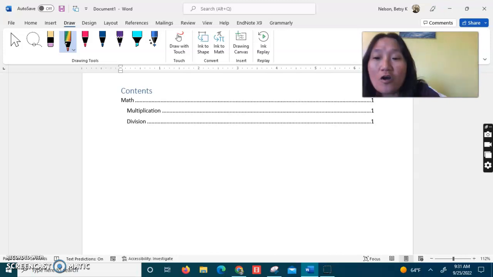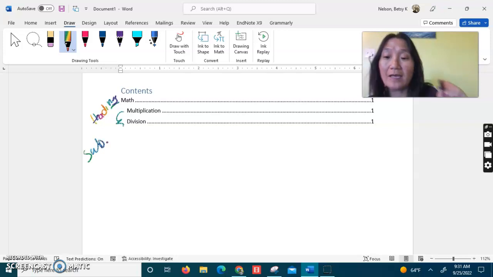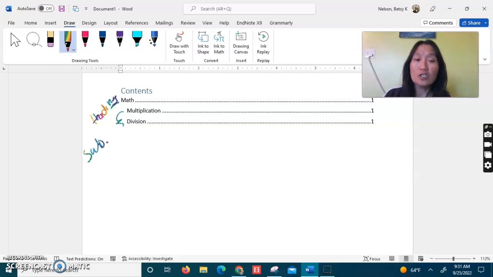So this is our heading here, and these are our subheadings. So you can go quickly. If I don't want to know anything about multiplication, but I do want to know something about division, I can turn to the front of my book, look for the table of contents, and boom, I can go to whatever page it's telling me, because this page tells me that's where I'm going to find it.